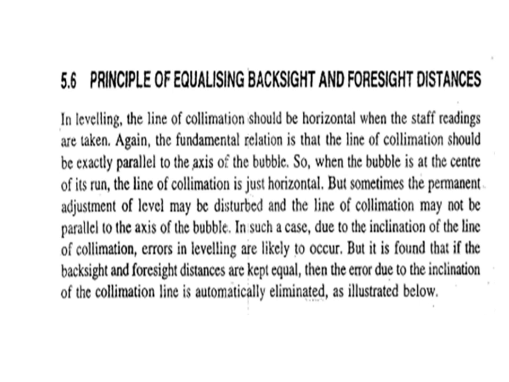But sometimes the permanent adjustment of the level may be disturbed and the line of collimation may not be parallel to the axis of the bubble. In such a case, due to the inclination of the line of collimation, errors in leveling are likely to occur. But it is found that if the backsight and foresight distances are kept equal, then the error due to inclination of the collimation line is automatically eliminated, as shown in the next slide.